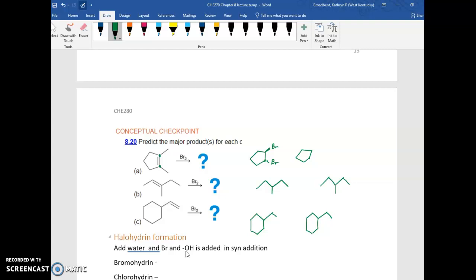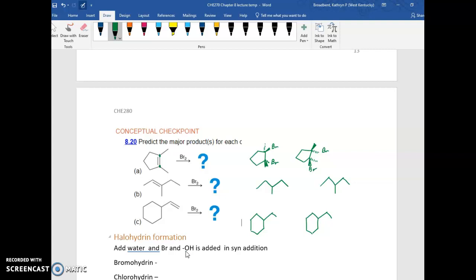So the methyl groups, put them on 2. And with this other molecule, the methyl group will be up and the bromine will be down. The methyl group will be down and the bromine will be up.